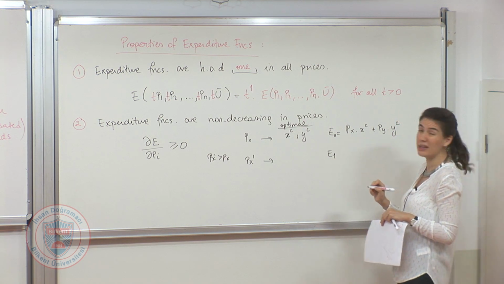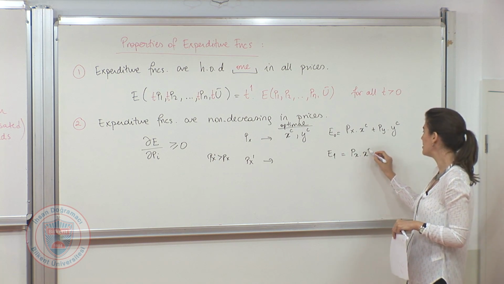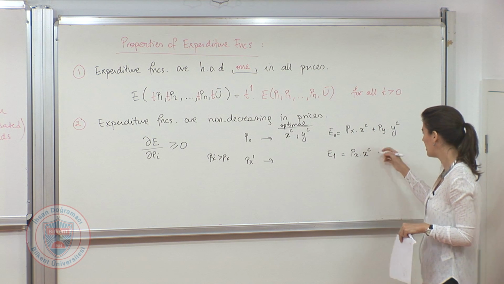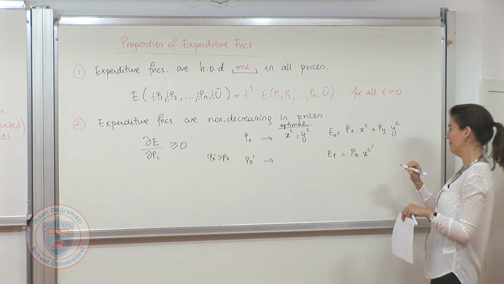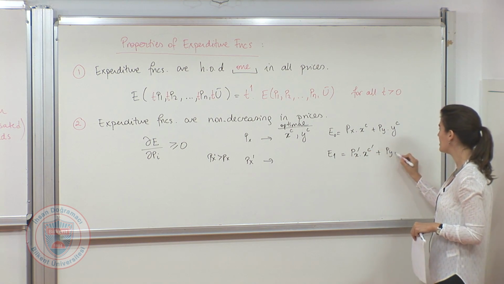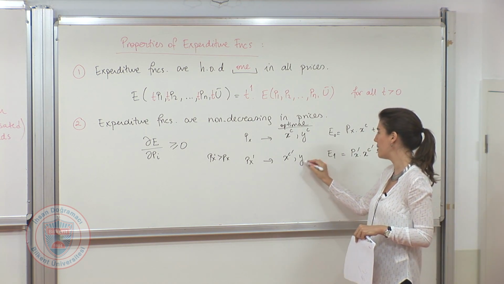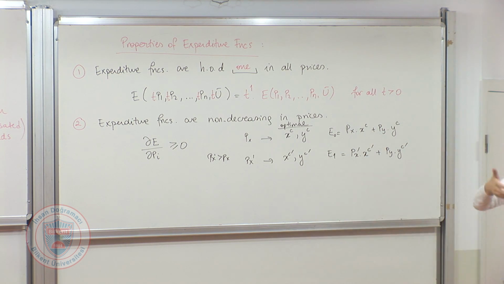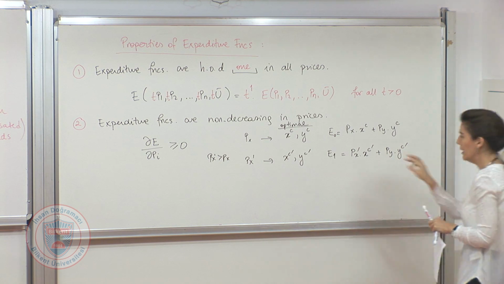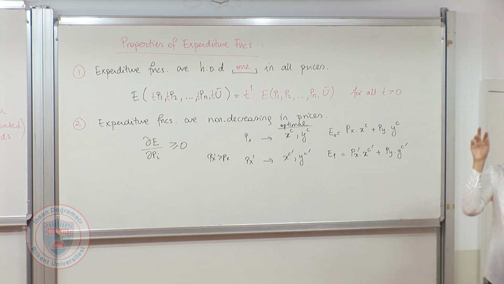Suppose I have a new expenditure level, px prime times xc prime plus py times yc prime, whatever the new optimal bundle is, xc prime, yc prime. The price has changed, so I solve the expenditure minimization problem, get the new optimal bundle, and figure out the minimal value. This is the case.